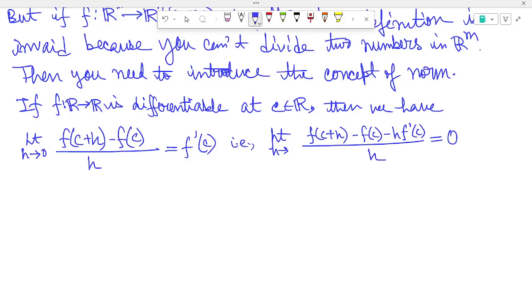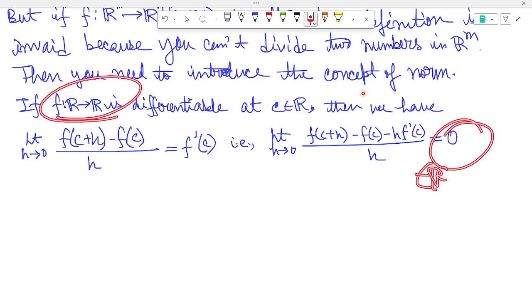Here we didn't need to worry about which zero is from which Rm or Rn, because we are in R. So h will be 0 from R. Okay.